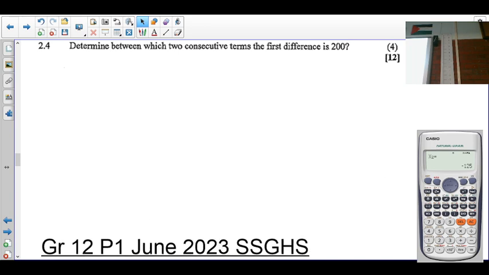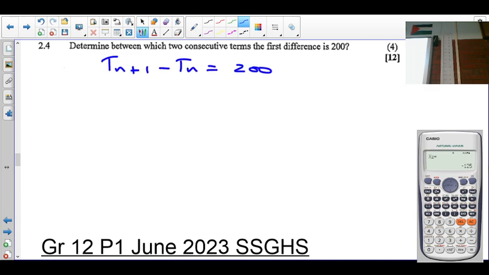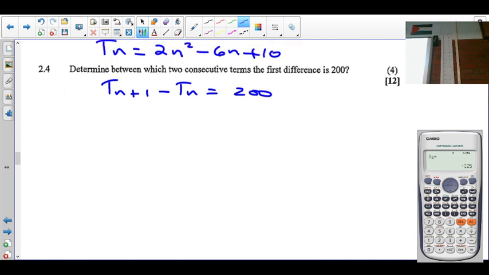this here. Okay? So the consecutive terms, of course, the one term is going to be Tn plus 1 minus Tn is equal to 200. Okay? So the difference between the 2 terms is 200.